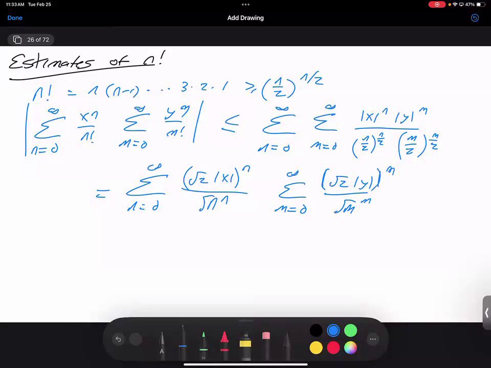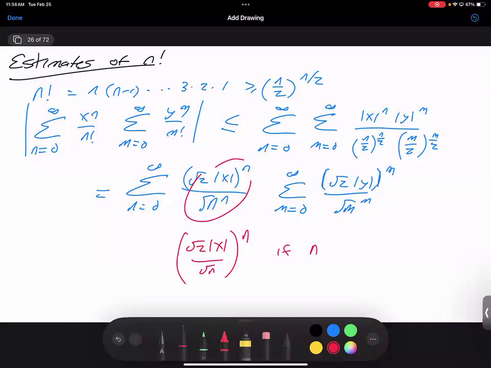Are these going to converge? Will those sums converge? Yeah. If I look at just one of them, this is root 2 absolute value of x over square root of n, to the n.